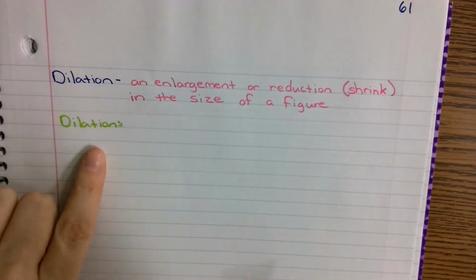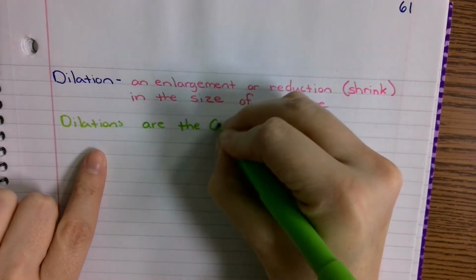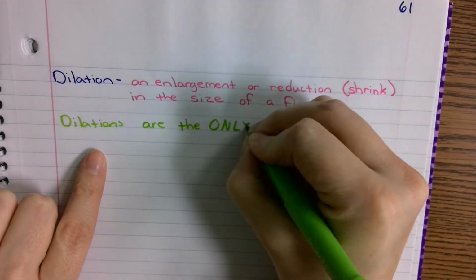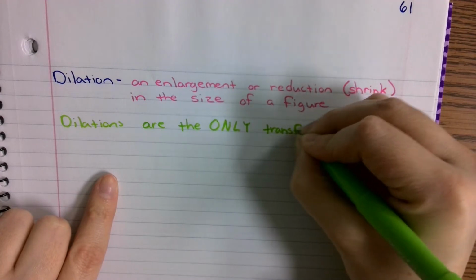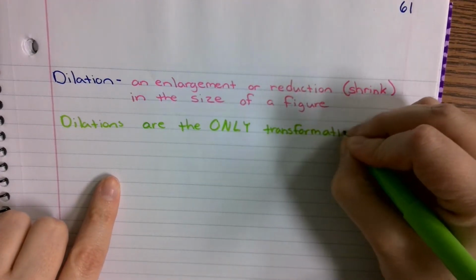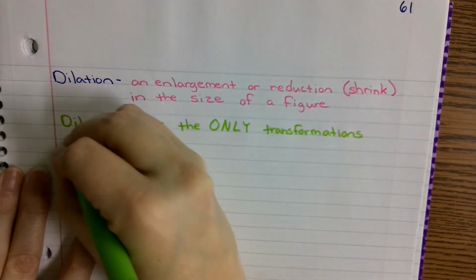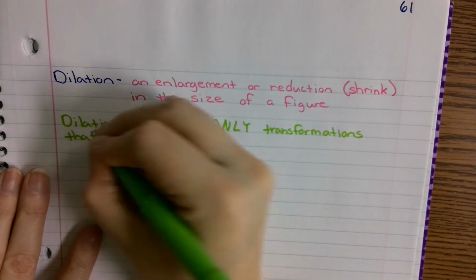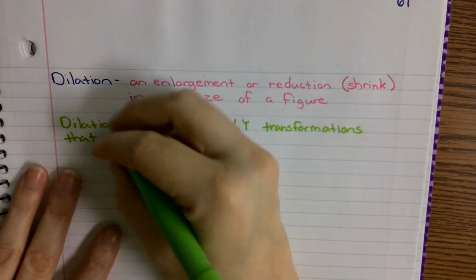The dilations, though, are the only transformation that has an effect on size. It is the only transformation that's going to either shrink it down, make it smaller, or enlarge it, make it bigger. Okay, so it's the only one that has a change of size on the original figure.